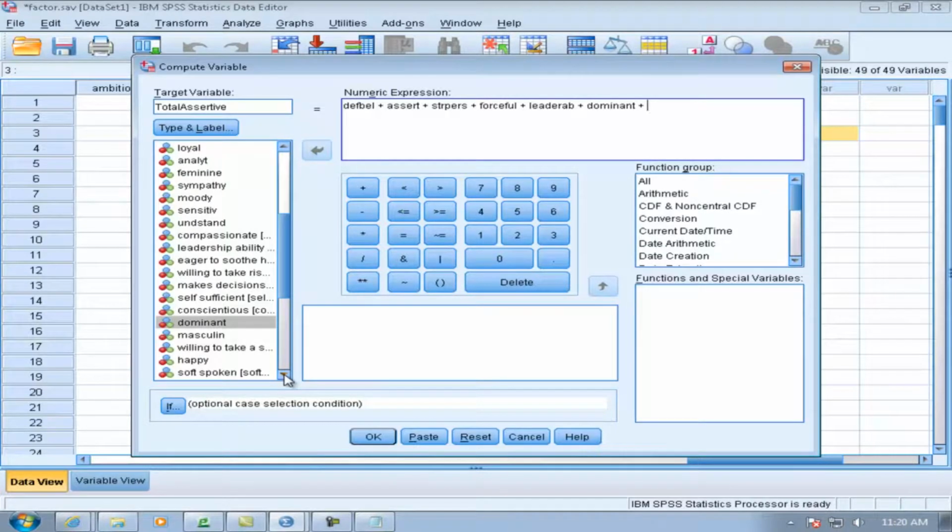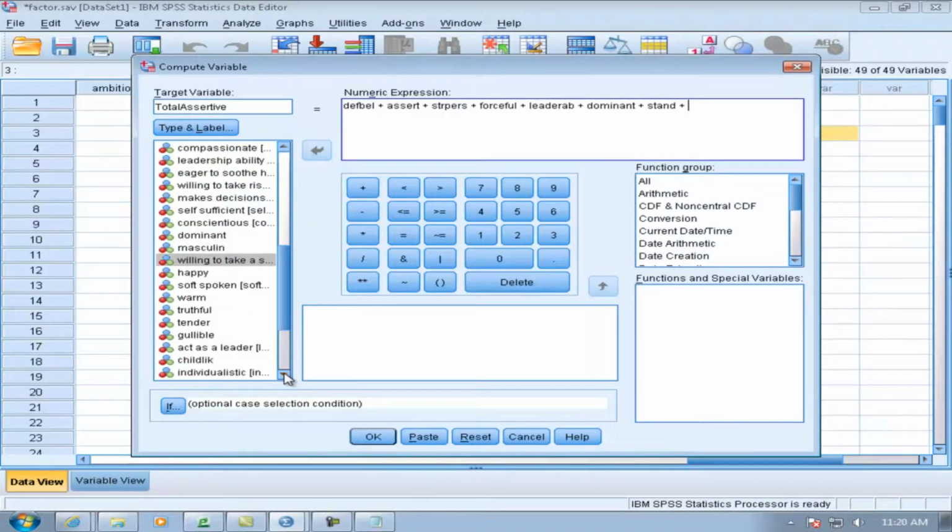Willing to take a stand? This one here? Okay. And what's the next one? There are a number of them loaded on this one, huh? Okay, what's the next one?